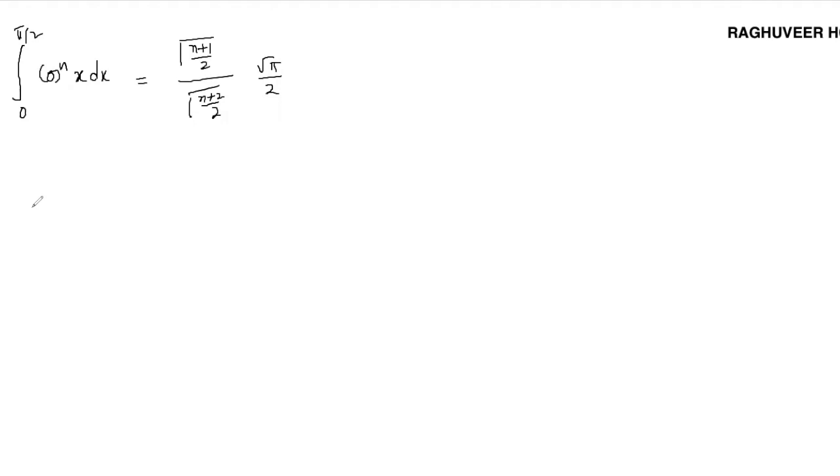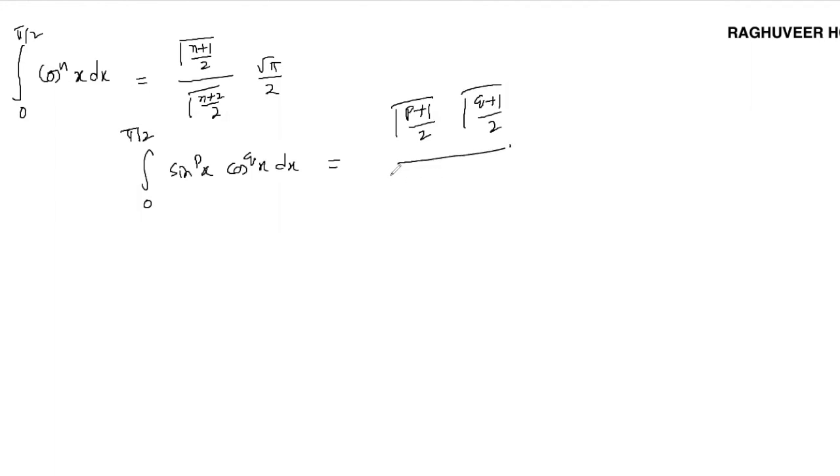Now let us prove this. Here again considering integral 0 to pi by 2 sine px cos qx dx is equal to gamma p plus 1 by 2 and gamma q plus 1 by 2 divided by 2 gamma p plus q plus 2 divided by 2.